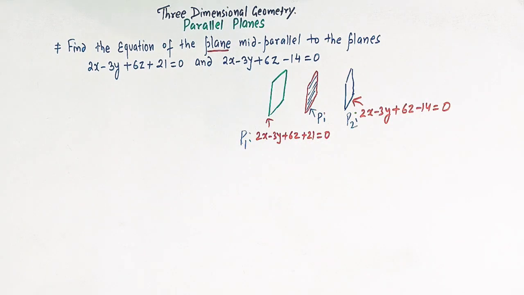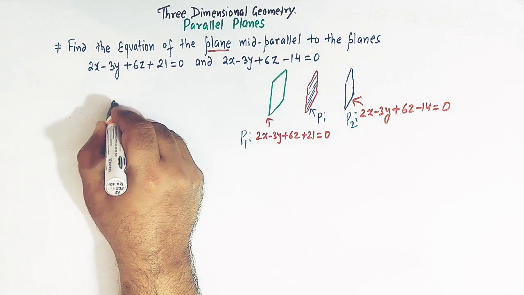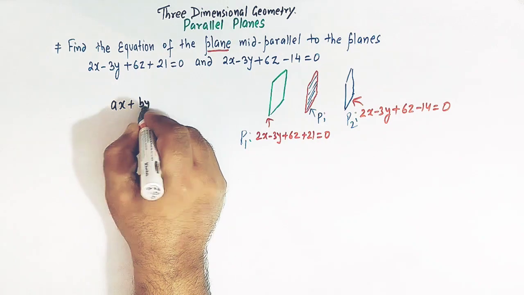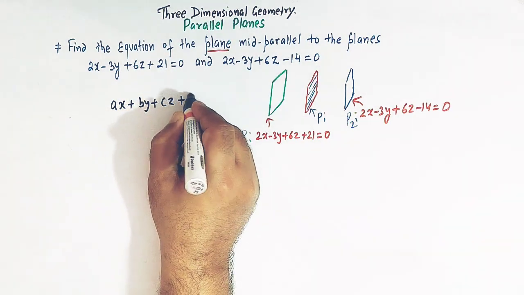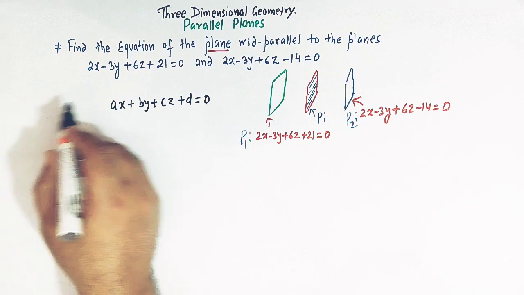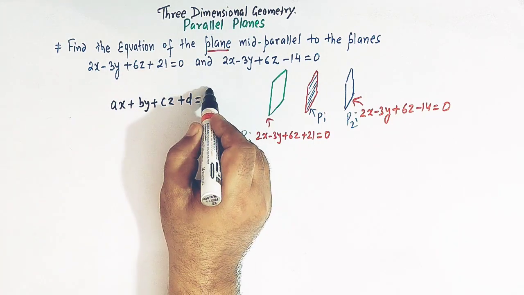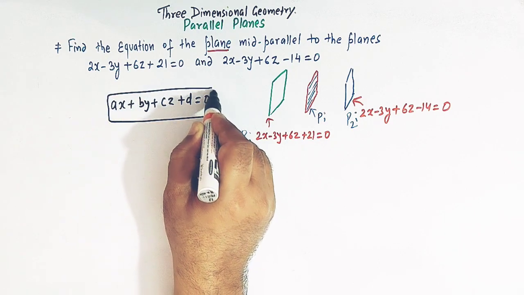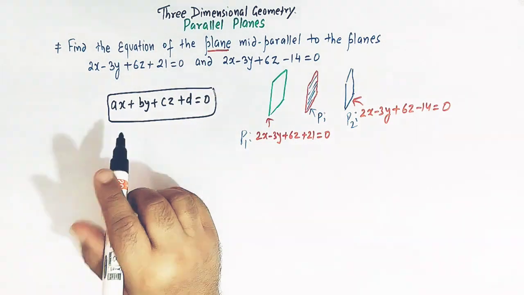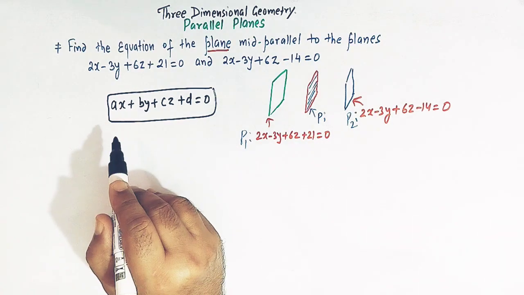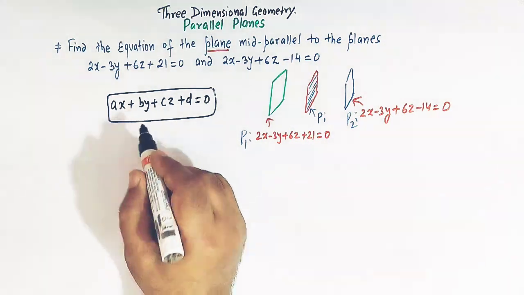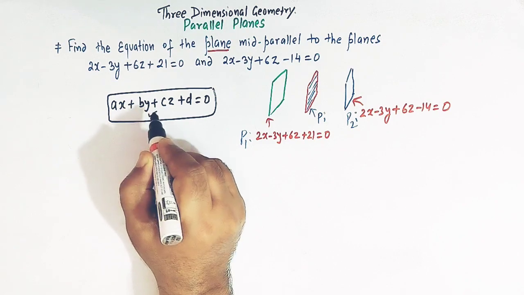Okay, now here we'll discuss an important concept in parallel planes. See, suppose we have the equation of a plane as ax plus by plus cz plus d is equal to 0, right? So we know that the Cartesian equation of any plane is expressed like this, right? Now suppose we have to write the equation of some other plane which is parallel to this plane, right?